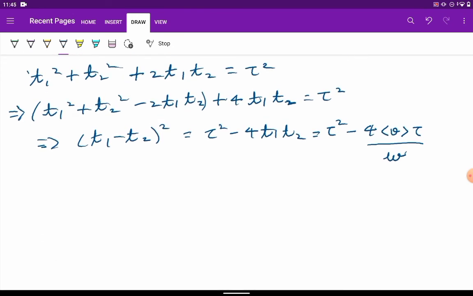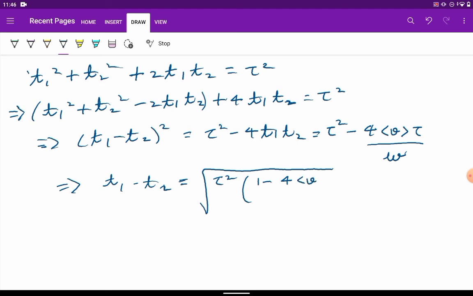So T1 minus T2, basically the root over this whole thing. I'll just take out tau square, that would help us match the answer. So 1 minus 4 V, if we divide this by tau square, then tau comes in the denominator, W tau, right?